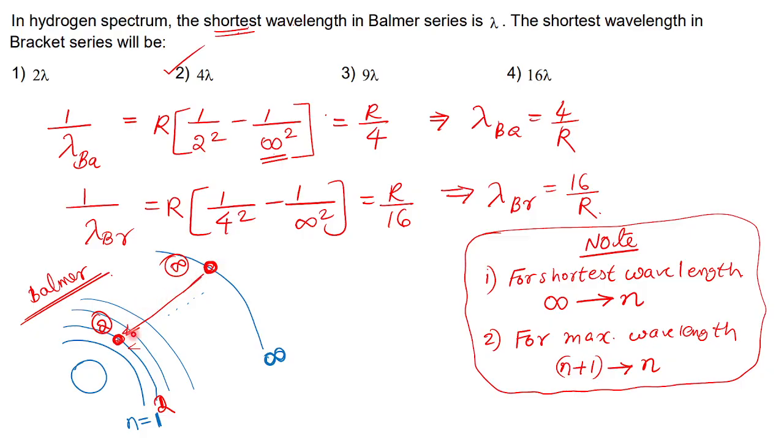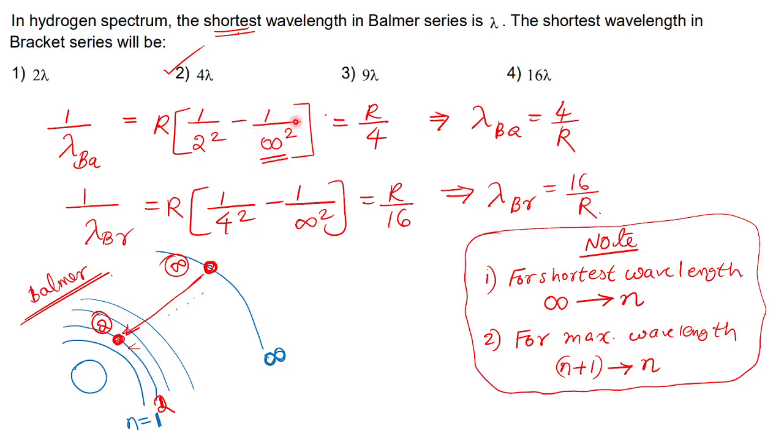When this jumping takes place, a photon will be emitted. It will have a certain wavelength. So 1 by lambda equal to R into 1 by n1 square minus 1 by n2 square. n1 and n2 will be 2 and infinity. The order of the subtraction is not important for us.